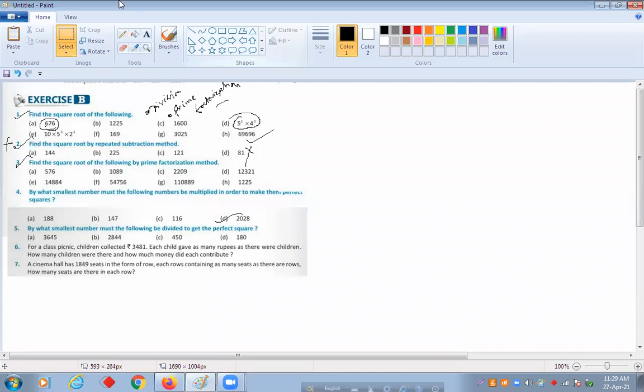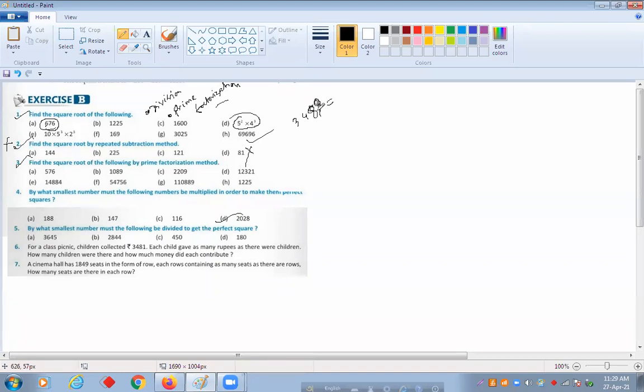So we will go through one example of this. The total money collected is 3,481. Here the students are not arranged in rows and columns.